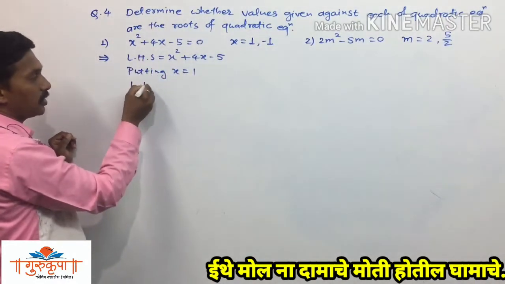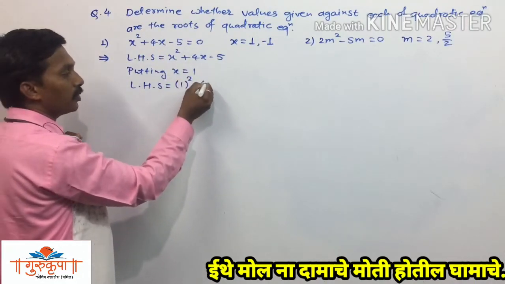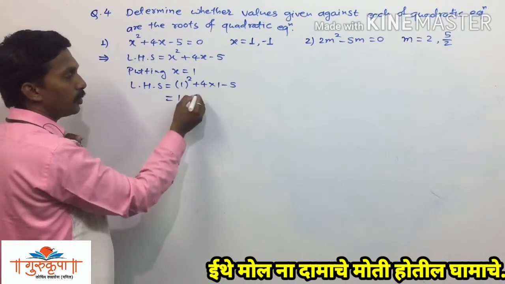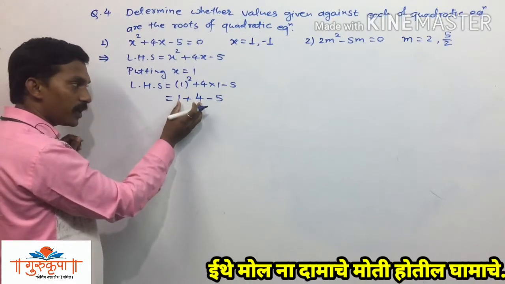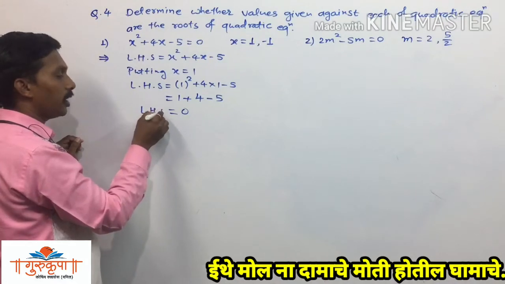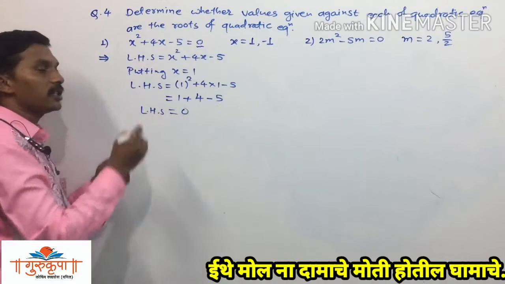So LHS is equal to, the value of x is 1, so 1 square plus 4 multiplied by 1 minus 5. 1 square is 1, plus 4 into 1 is 4, minus 5 as it is. 4 plus 1 is 5 and 5 minus 5 is 0. RHS is 0 and LHS becomes 0.